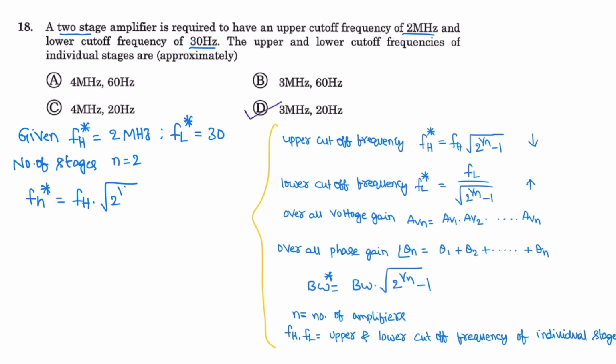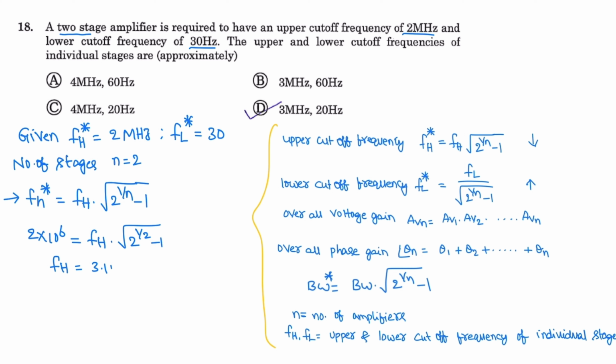So fh star is 2 into 10 power 6, equal to fh into square root of 2 power 1 by 2 minus 1. The value of root 2 is 1.414, minus 1, square root of 0.414. On calculation, the higher cutoff frequency fh comes to 3.1 megahertz.